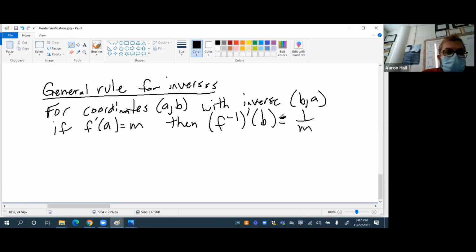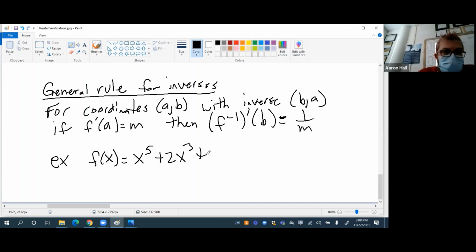So let's do an example so that this will make more sense. It usually makes more sense when we have an example. So I have f of x equals x to the power of 5 plus 2x to the power of 3 plus x minus 1.